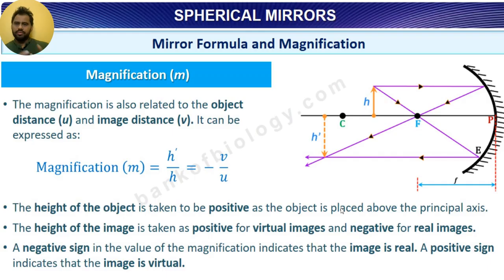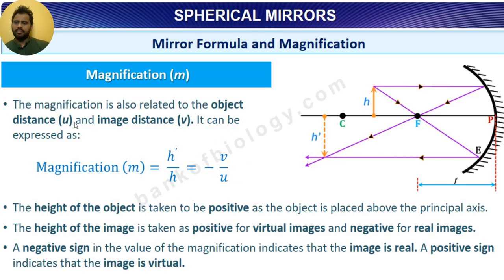Now let us move forward and try to understand another formula for magnification. Magnification is also related to the object distance and image distance. It can be expressed as magnification m is h dash by h, that is minus v by u.